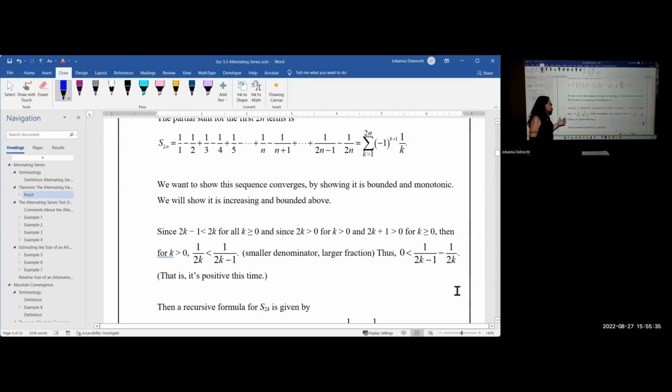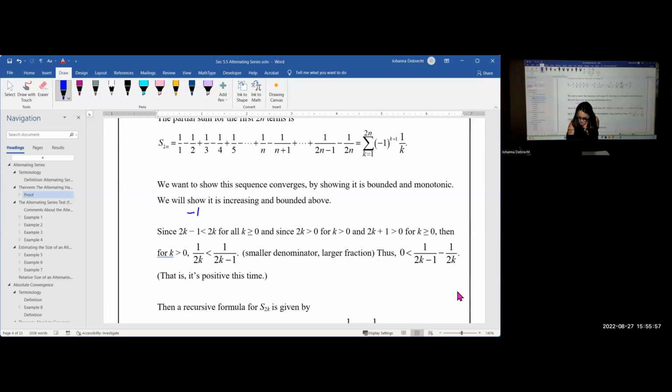We start with some of the basic things that we started with last time. We need to prove, of course, that 2k is greater than 0 and 2k plus 1 is greater than 0, so we can do division by them. And actually, we need 2k minus 1 to be greater than 0. We start with 2k minus 1 less than 2k, which is definitely true since negative 1 is less than 0.